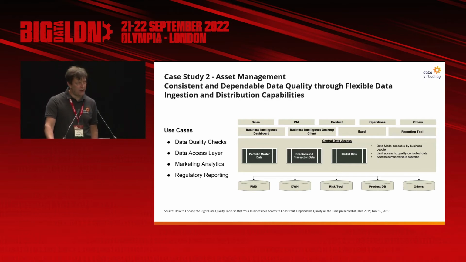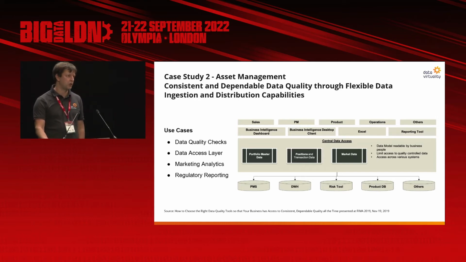And this is where they realized that by introducing a virtual layer across their operational systems, but also across the systems which hold their historical data, they are capable to control and gradually improve the quality of the data in all of the environments.